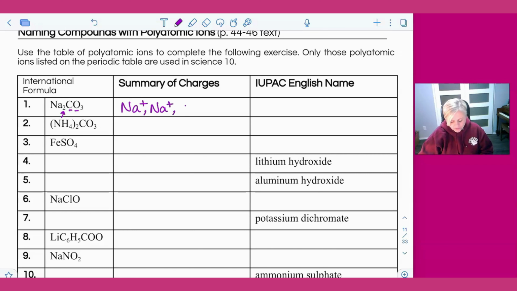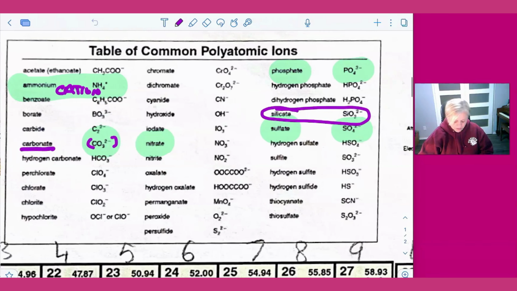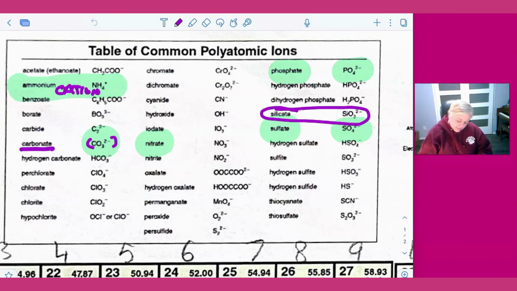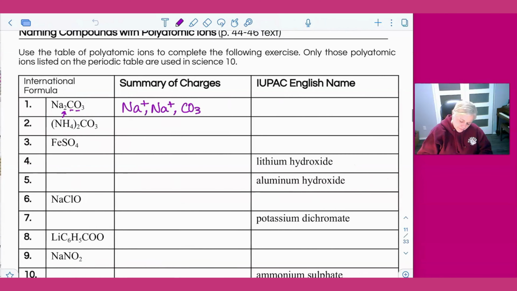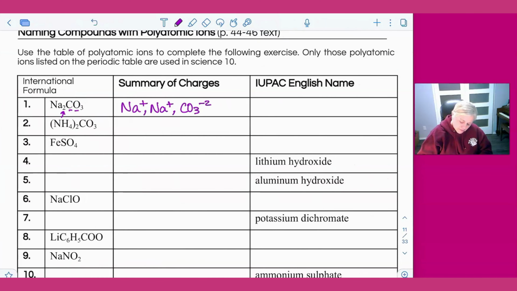Now the CO3 carbonate is my group. If I look up carbonate here, I see that it's CO3 with a -2 charge. There is only 1 group there, and I know that because if there was more than 1 group, they would have written it as CO3 with brackets and then some number, however many there might be. So there are no brackets, there's 1 group, and it's balanced in this way.